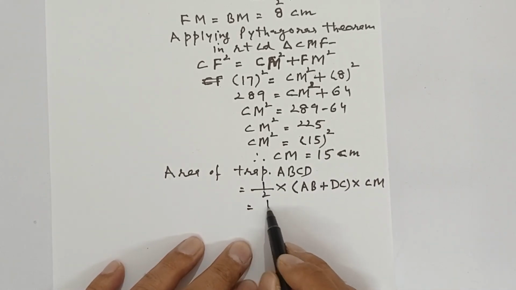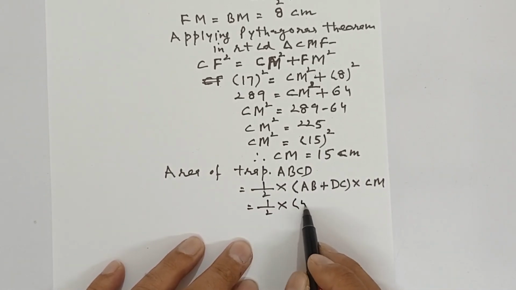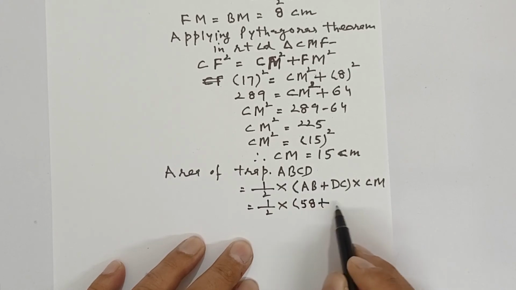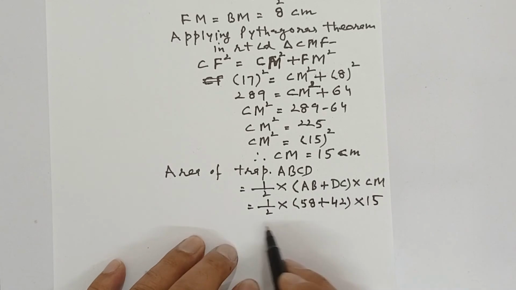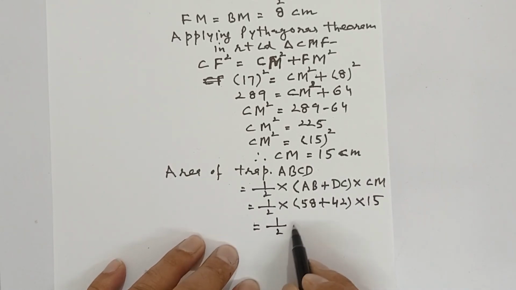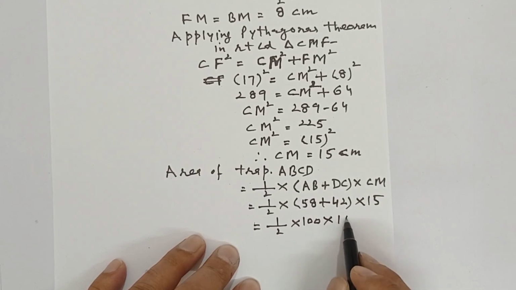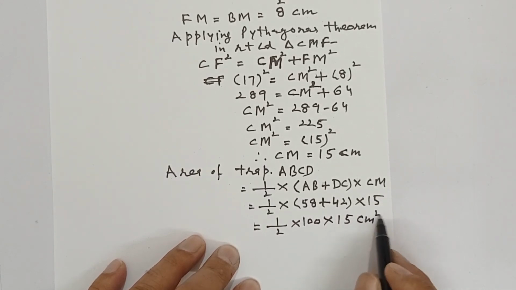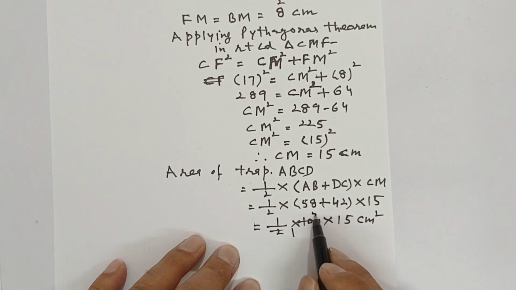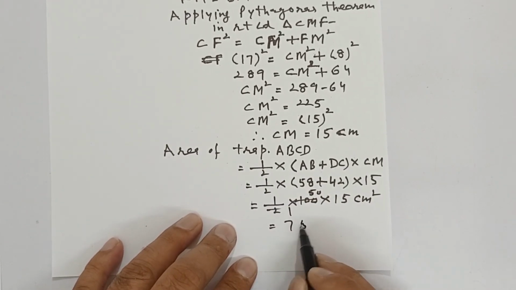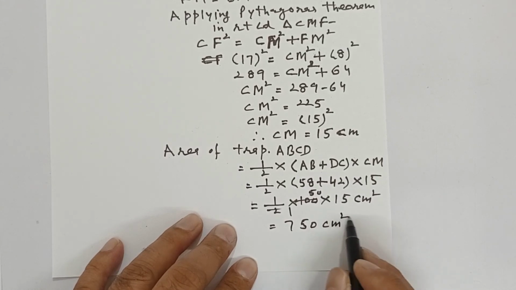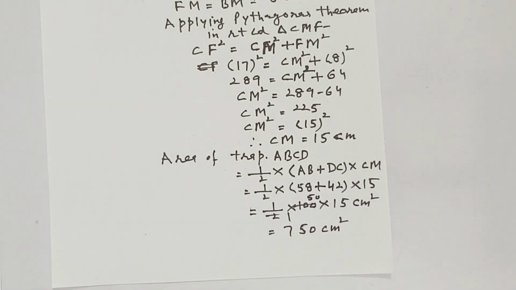Substitute the values. 1 by 2, AB is 58 and DC is 42 and CM is 15. So it is 1 by 2, this is 100, into 15 centimeter square. 2 and this is 50. 15 5s are 750 centimeter square.